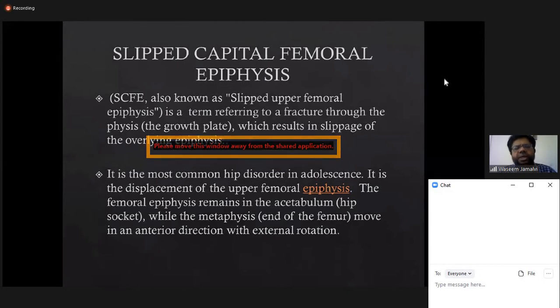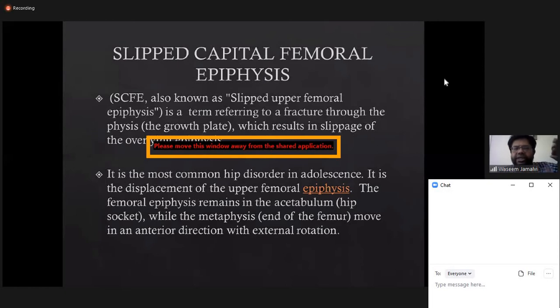It is the most common hip disorder of adolescents. The upper femoral epiphysis is displaced, but it remains in the acetabulum socket, while the metaphysis, the end of the femur, moves in an anterior direction with external rotation.